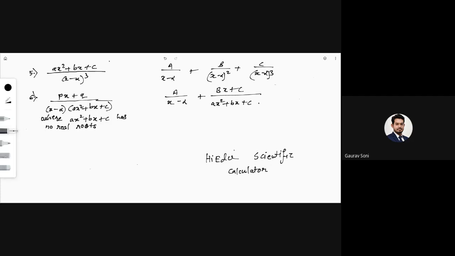So those who don't have their scientific calculator with them, please download this app immediately so that I can tell you how to do the partial fraction, because there are terms of polynomials which you won't be comfortable with. In that case, I will have to help you understand those terms, and it will be much easier if you have the calculator with you.